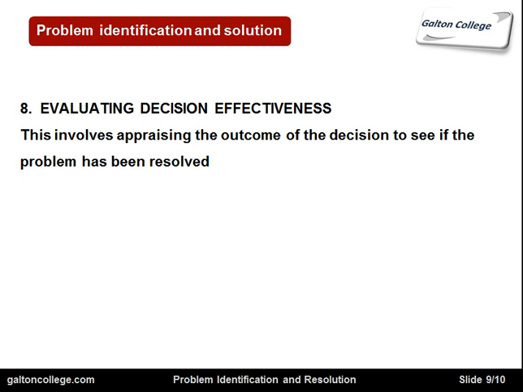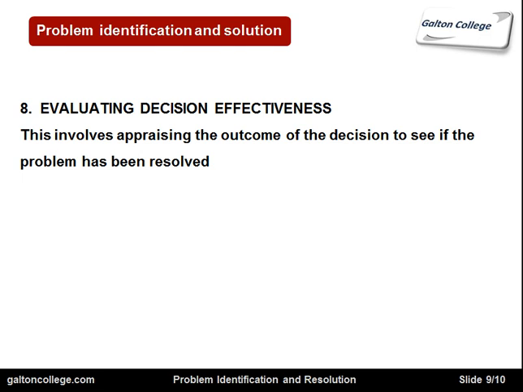And then it's necessary to evaluate the decision effectiveness. It's always necessary to go back later and try to measure how effective the solution was. Was it the best one after all, or were there unforeseen problems that have arisen and which detract from it as a solution? So go back and look at how well the solution works. If it's not working well, you may have to iterate the whole procedure.